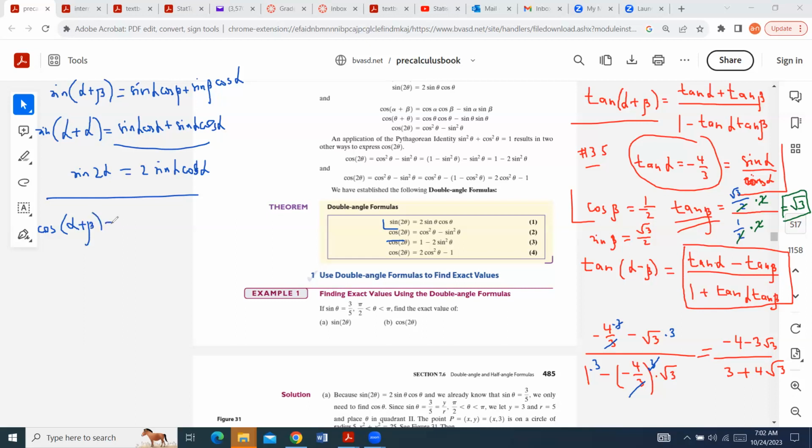You just write out the formula that's going to be what? Cosine cosine. So it's cosine alpha and beta. Subtract sine sine. I memorized this, but you don't have to. You can just look at the very end page of the textbook and you will see it there.